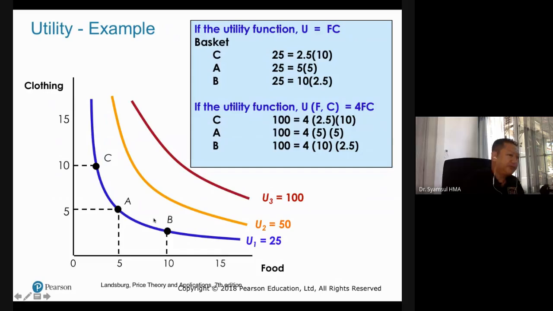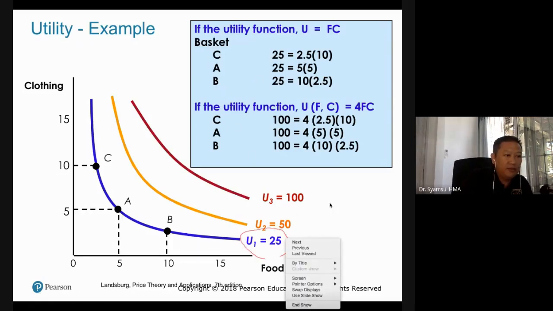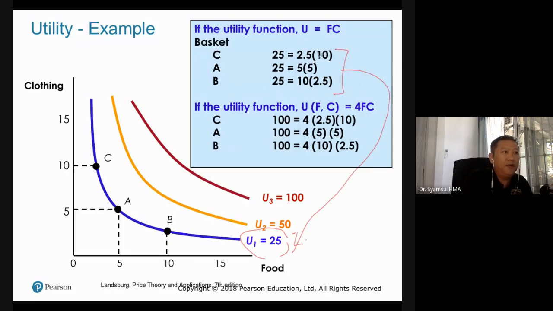All right. Now, another example here. You can have 25, coming from here, or you can have 100. See, here the function is this one.